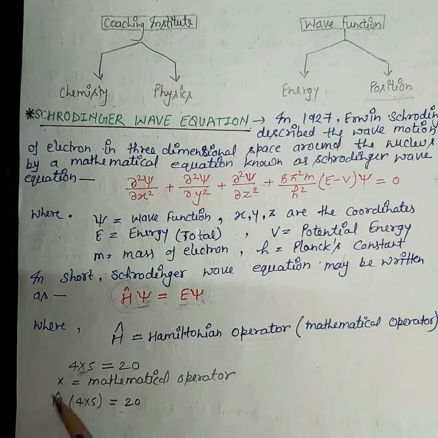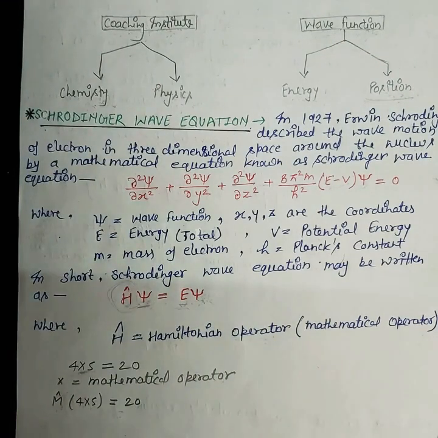Here M cap represents the multiplication operator: M represents multiplication and cap represents operator. So what is an operator? An operator is a command or instruction which acts on a mathematical function. This is a mathematical operation, and here M cap is a mathematical operator.